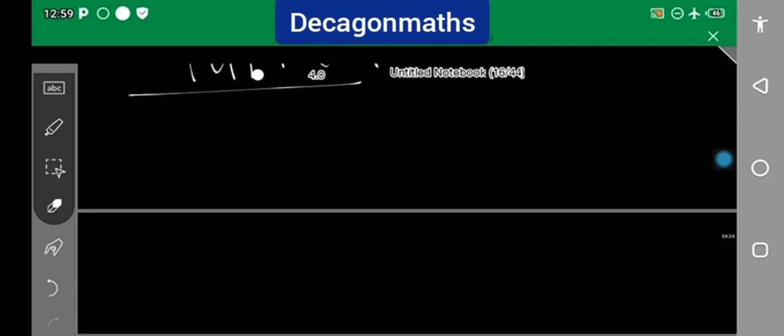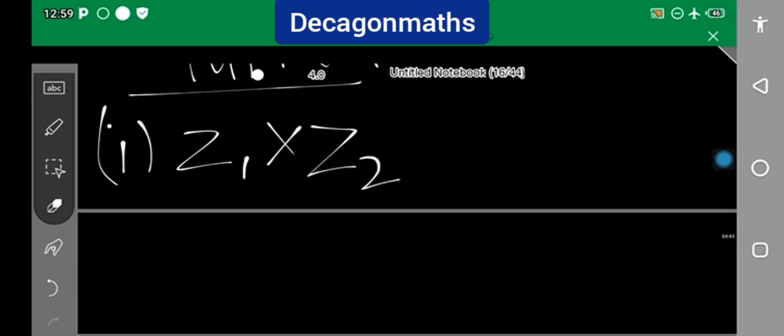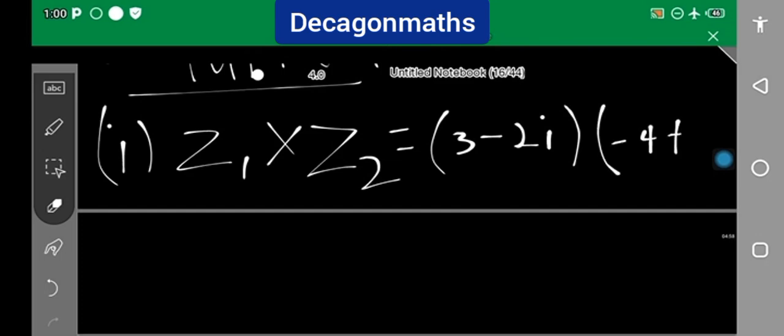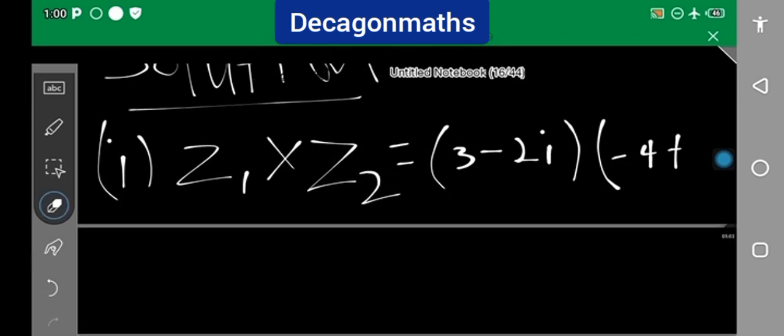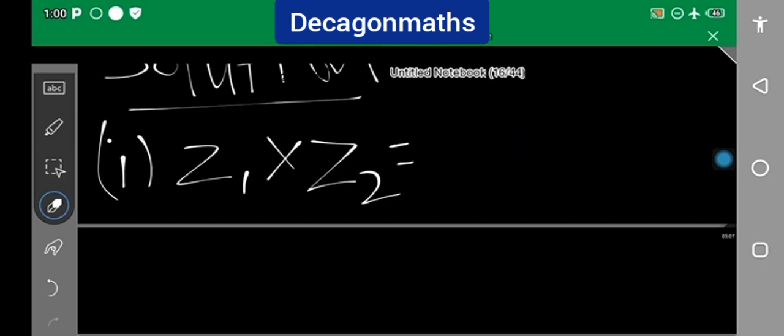Solution. The first one, we have to find Z1 multiplied by Z2. This implies that we are to multiply 3 minus 2i by minus 4 plus 5i. Since there's no space, let me write that in the next line.